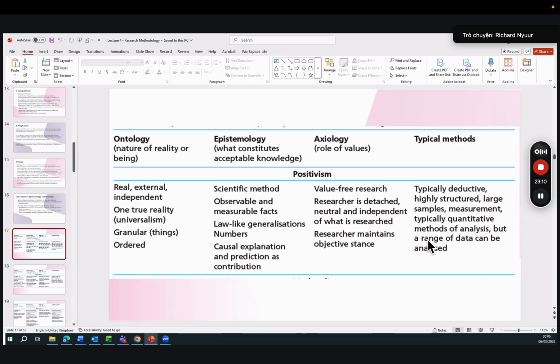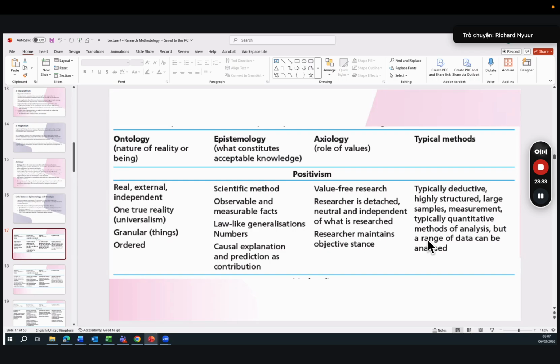So it relies on measurement, typically quantitative. The method of analysis is usually, you can use descriptives, but much more inferential statistics like correlations and regressions are absolutely fine.